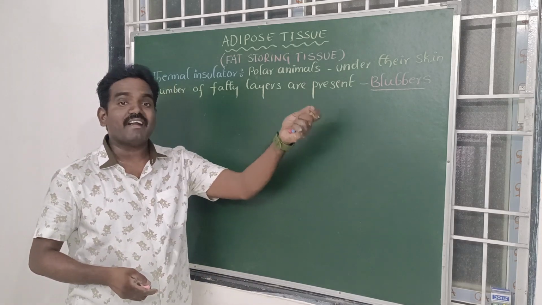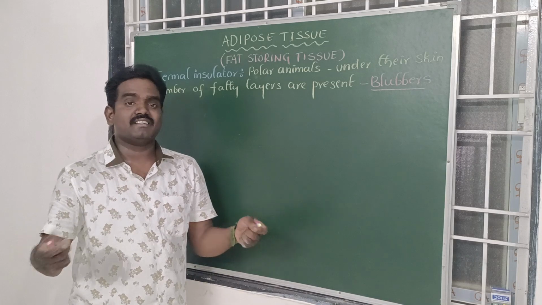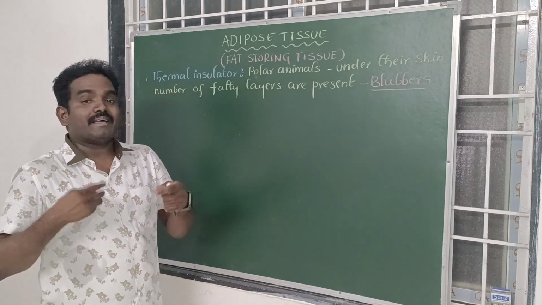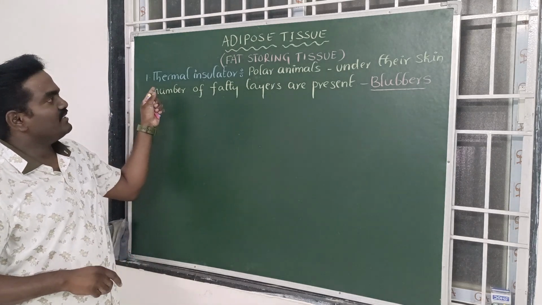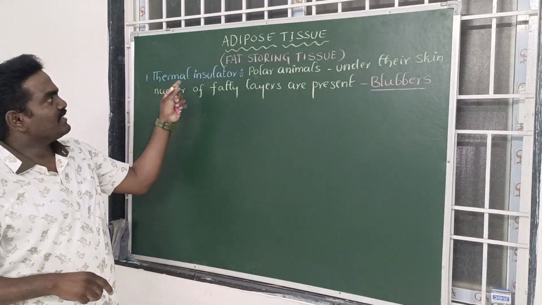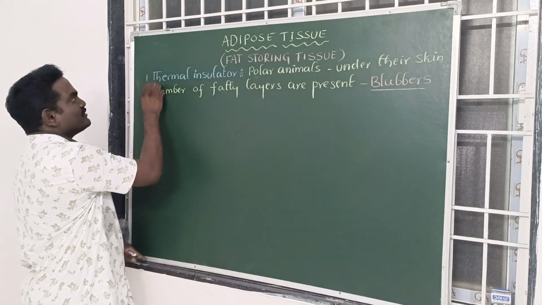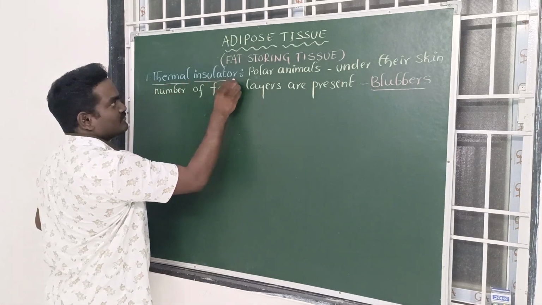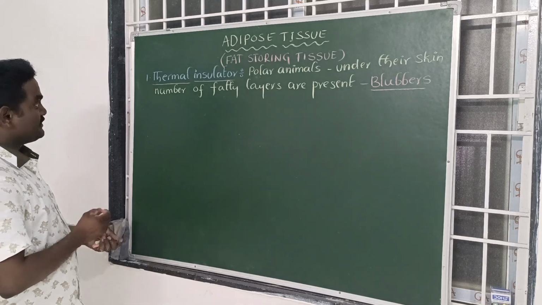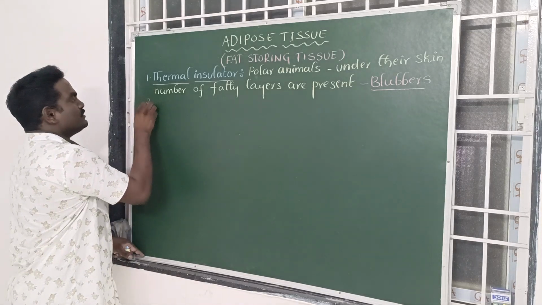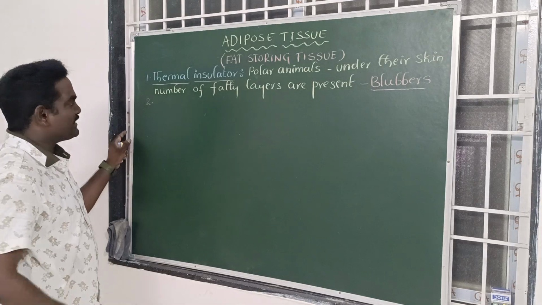Blubbers are nothing but fatty layers serially arranged under the skin, and temperature is regulated inside the body. That acts as a thermal insulator.